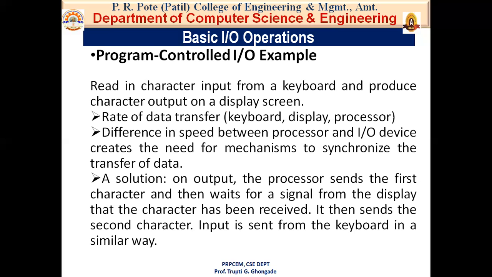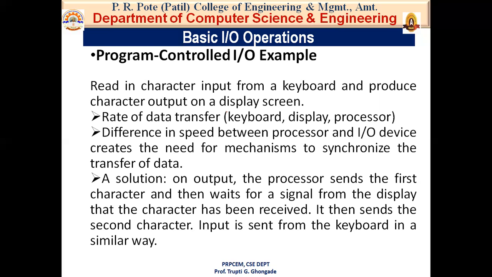After receiving, the processor sends only one character to the display device, the output device, and waits for a signal from the display that it has received that A. Your display device will give an acknowledgement to the processor. That means it waits for an acknowledgement signal from the display device that the character has been received.